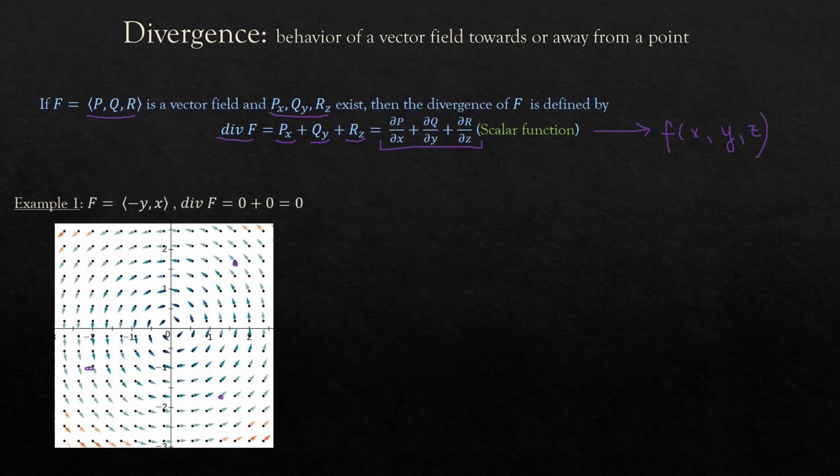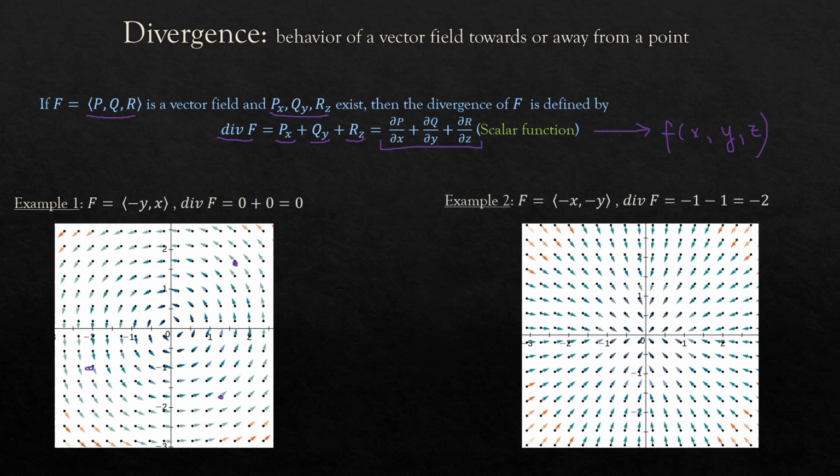Now, in contrast, let's take a look at a vector field that looks like this. Here we have a vector field F that's defined by negative x for the first component, negative y for the second component. And the divergence here is negative 2. While it is constant, it is not 0. If you pick a point, let's say a point over here, there's a lot more vector field flowing in than flowing out.